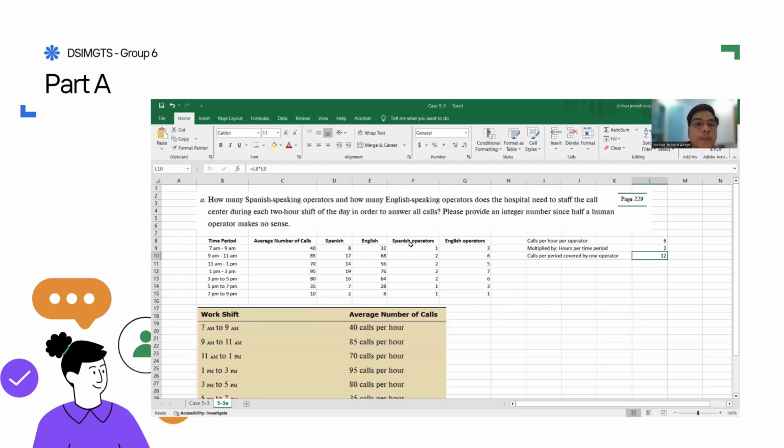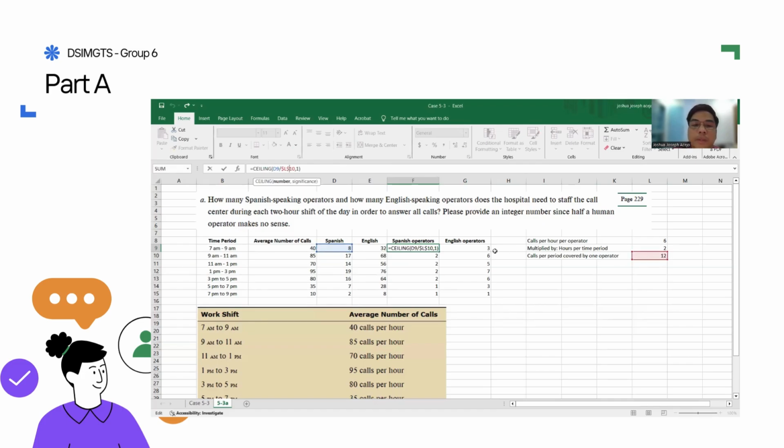And then to get the number of Spanish-speaking operators, we use the ceiling function of Excel, which is rounding up to the nearest integer. So for the Spanish, we need to cover 8 calls. We divide 8 by 12, as you see here, D9, 8, and then L10, which is 12.